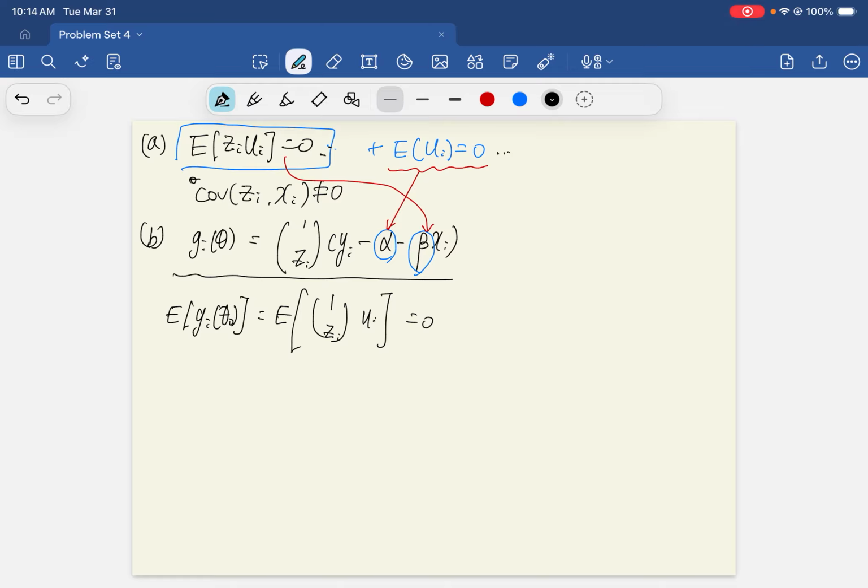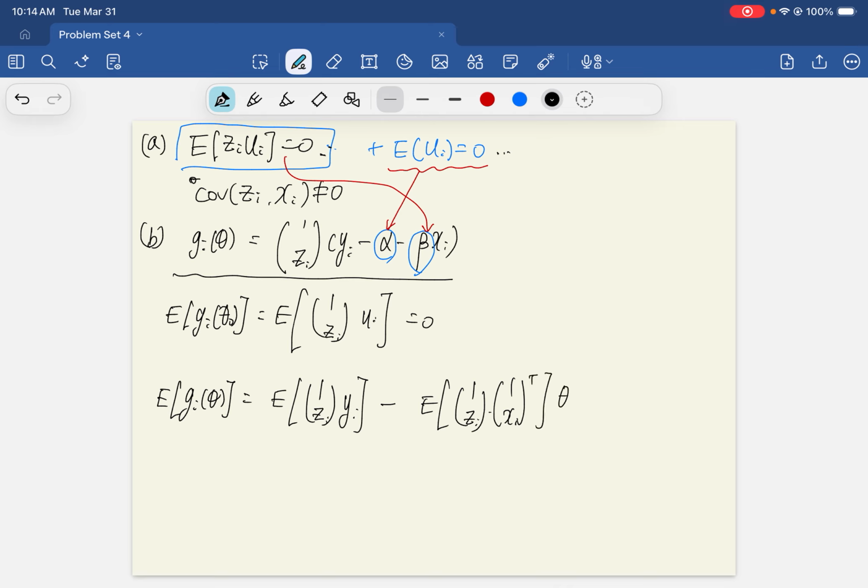For uniqueness, I'm going to think about this linear equation. If you think about it, we may write this as E[(1, z) y] minus E[(1, z)(1, x)] transpose theta, where theta is alpha and beta. You are familiar with this. Usually, let's write this as A and write this as B. Then this equation is 0.